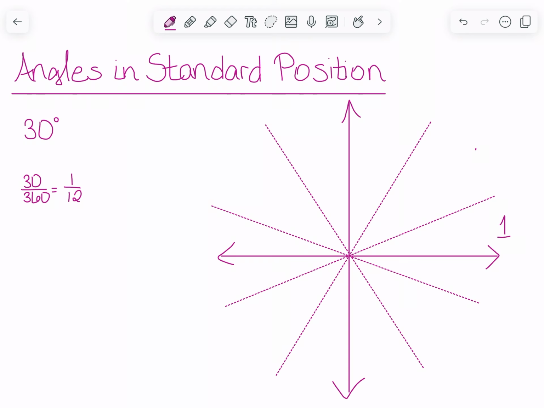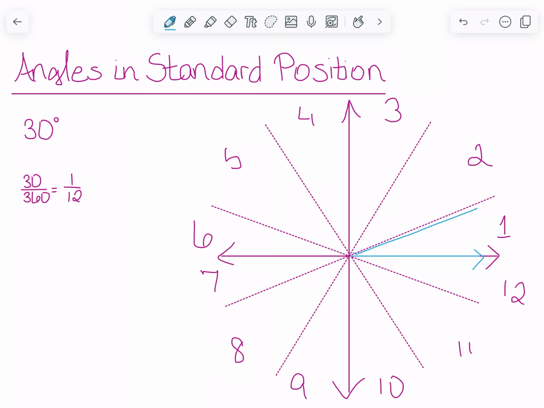I have 1, 2, 3, 4, 5, 6, 7, 8, 9, and then 10, 11, and 12 pieces. We always do our initial side along the positive x-axis, and the 1 in the numerator tells me I want one of these sections. So here is my angle that is approximately 30 degrees.